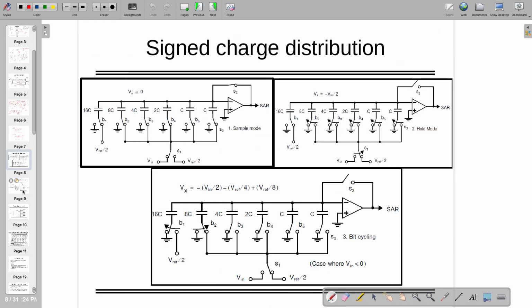Anyway, in reality, whenever we are going to make the SAR ADC, our choice of selection might be the charge scaling DAC or the capacitive DAC. You can see that it's binary weighted. In all 3 diagrams, it's the same DAC, but let's see here. All these capacitors are binary weighted, right?